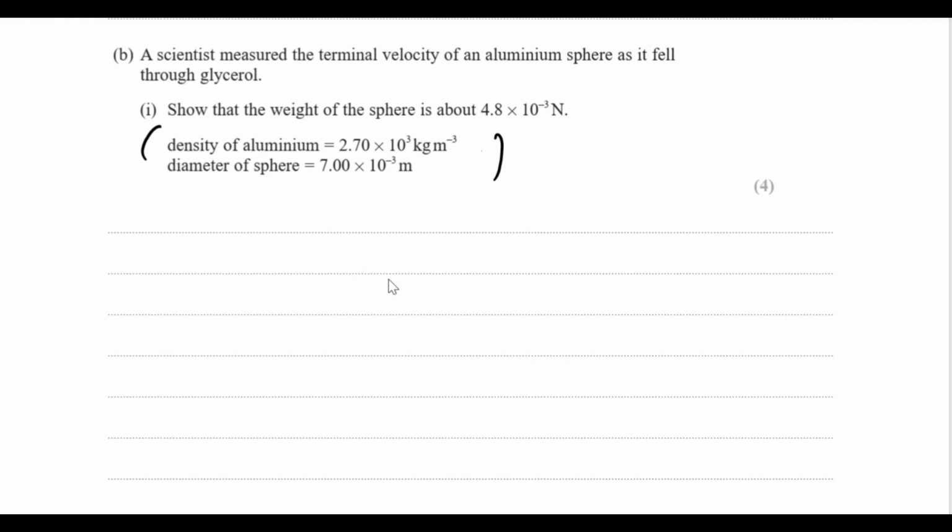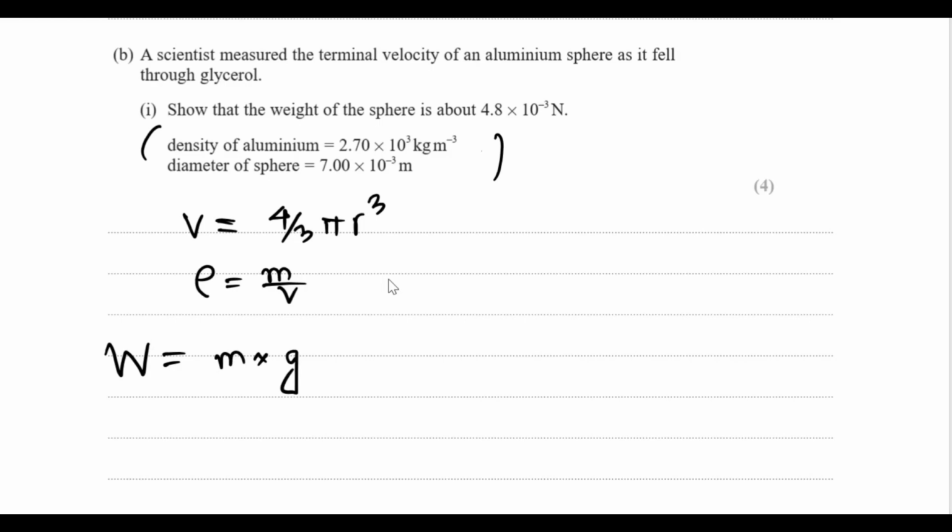We know volume of the sphere is 4 by 3 pi r cube is the formula, and density equals mass divided by volume, and we use W equals m into g.